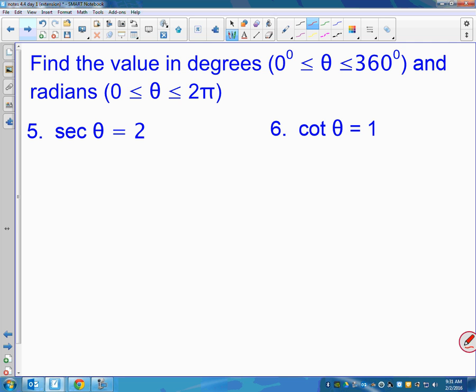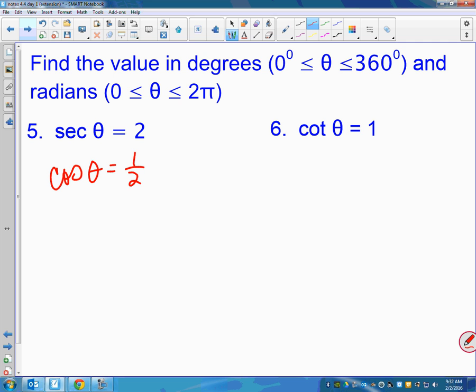I picked harder ones than sine and cosine, but if I said secant of theta equals 2, secant is the reciprocal of cosine, so I always like to rewrite that and say that's the same as cosine of theta equals 1/2. Right? Because I do better with sines and cosines and tangents than I do with secants, cosecants, and cotangents.